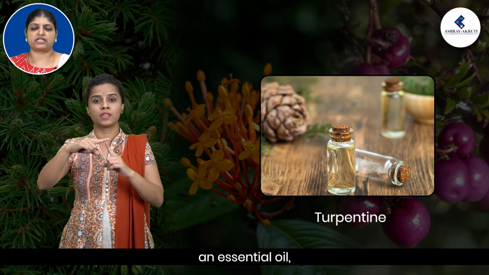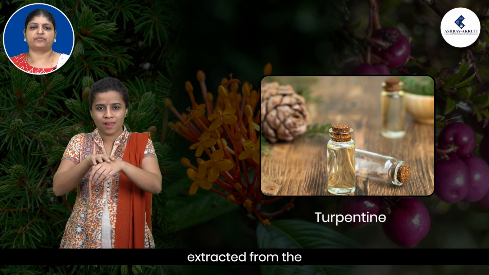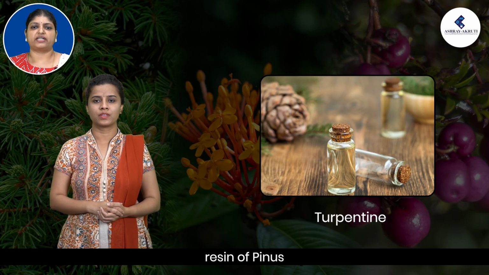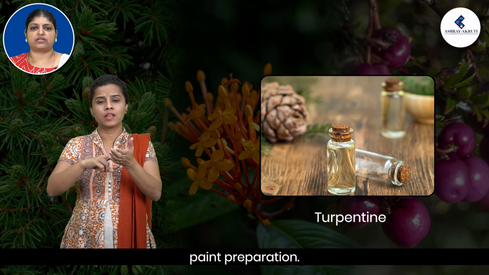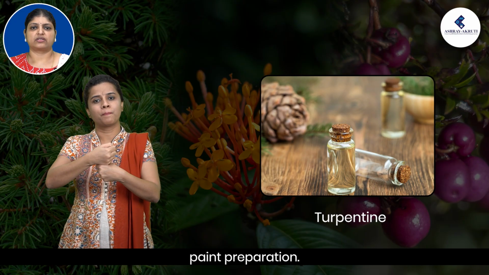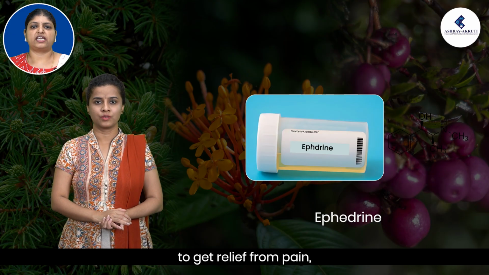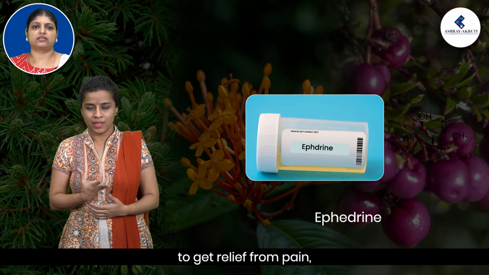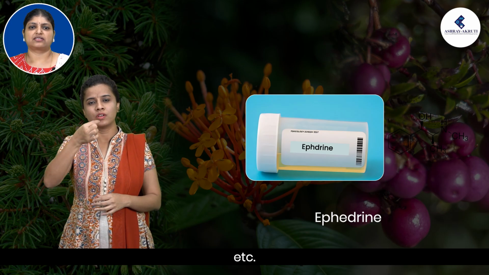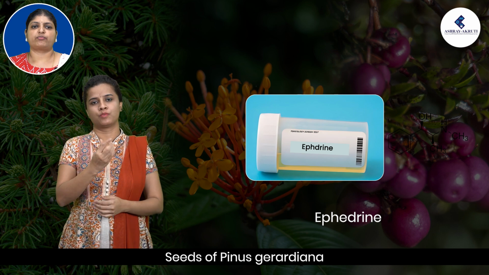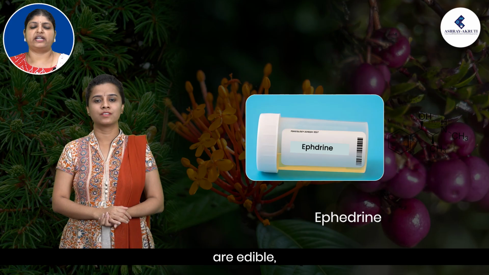Turpentine, an essential oil extracted from the resin of Pinus, is used for paint preparation. It is also used medicinally to get relief from pain, bronchitis, etc. Seeds of Pinus gerardiana are edible.